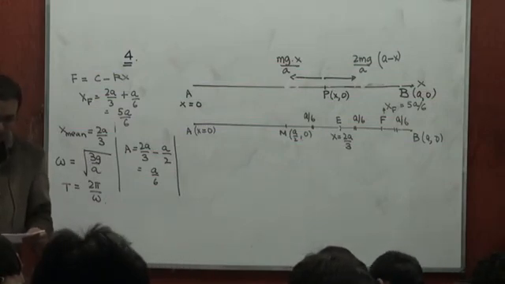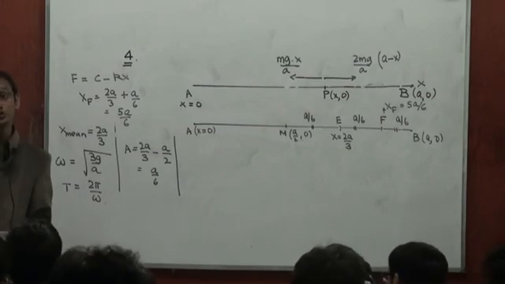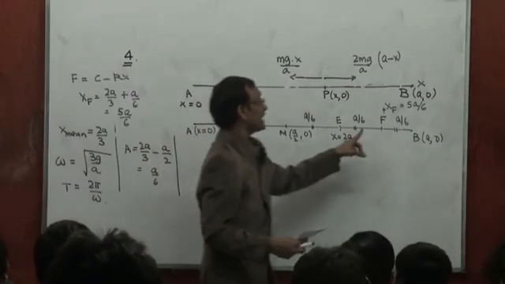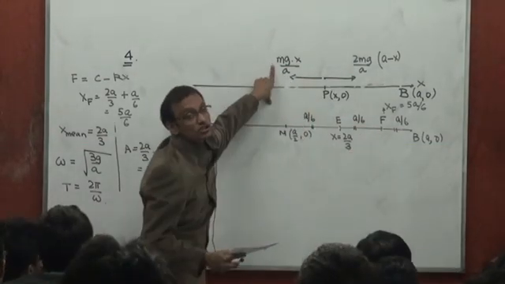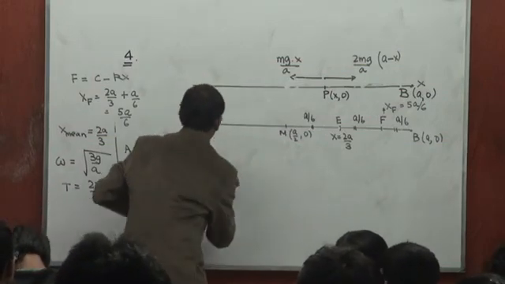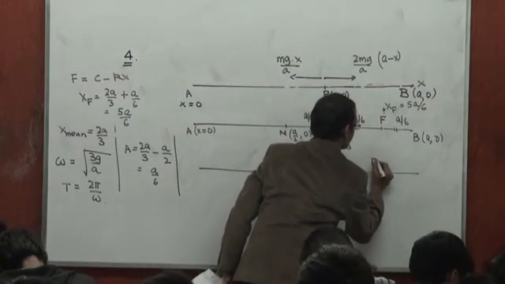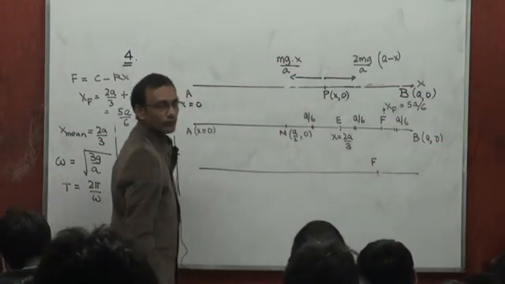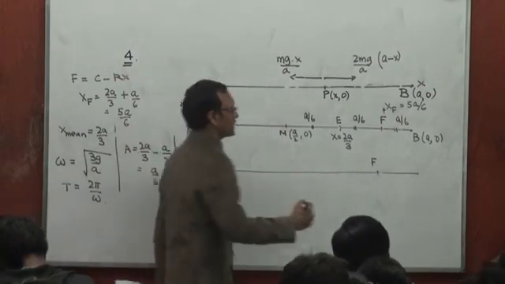Now, if the force towards A stops acting on the particle when it's nearest to B, that means at F, suddenly this force ceases to act. Which means now when it's at F, the velocity is 0 because it's at the rightmost extremity of the oscillation.